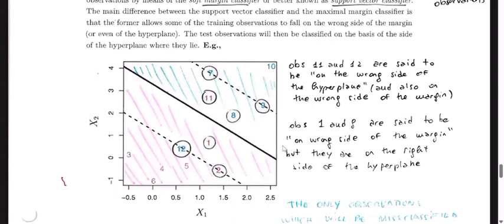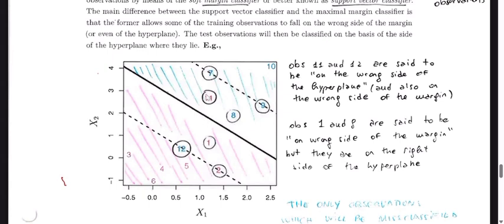Now, if you look at observation 11 here and observation 12, they are misclassified. Please pay attention. You can see 11 is having this color, supposed to be here. 12 is having the blue color, supposed to be here. So I said observations 11 and 12 are on the wrong side of the upper plane. The solid black line is the upper plane.